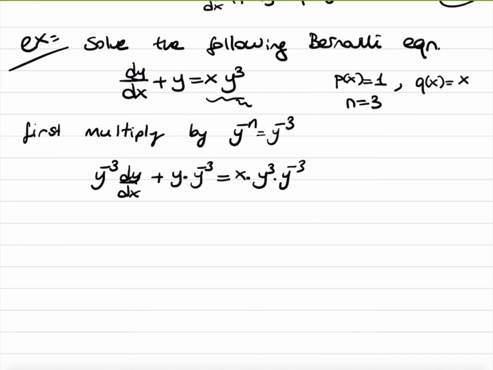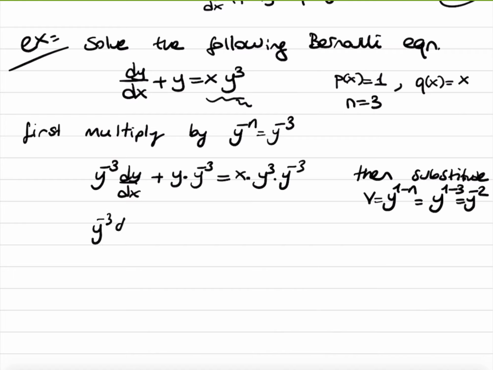And then we will substitute v is equal to y to the power 1 minus n. In this case we will have y to the power minus 2.